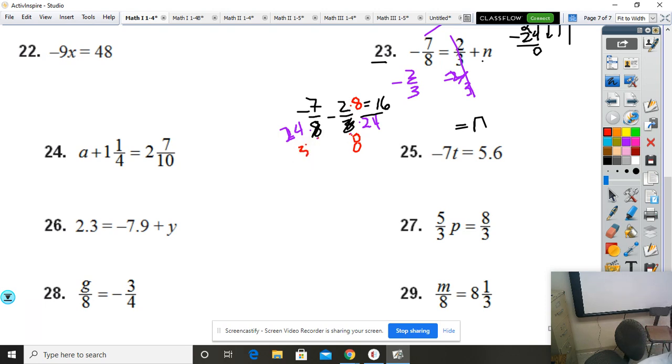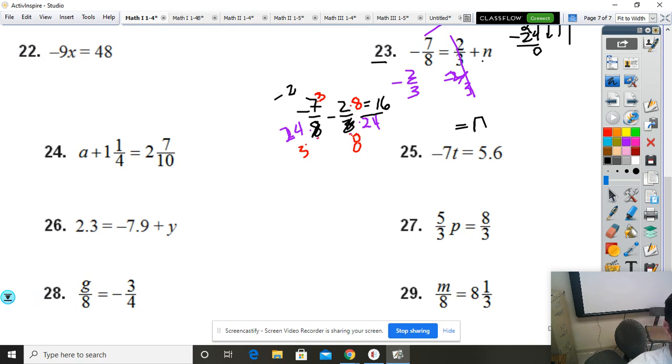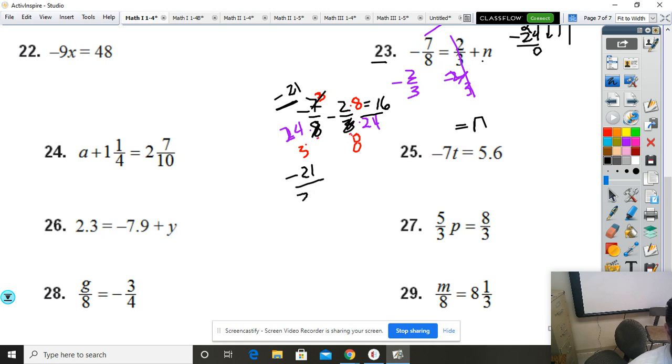We had to multiply it by 3, so I need to multiply this top by 3. And now 7 is negative 7 times 3, or negative 21. So I have negative 21 over 24. That looks sloppy, so I'll write it over here to make it prettier. And we said this side is 16 over 24.